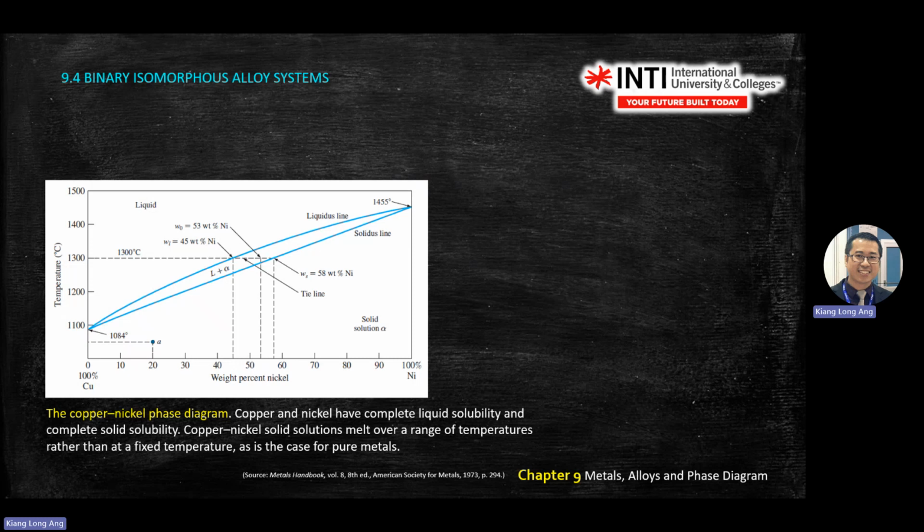What is the binary system for point A? Copper 80. So you should be able to write 80 wt% Cu, 20 wt% Ni. Very easy if you understand the binary phase diagram. If you don't understand, then it becomes difficult.